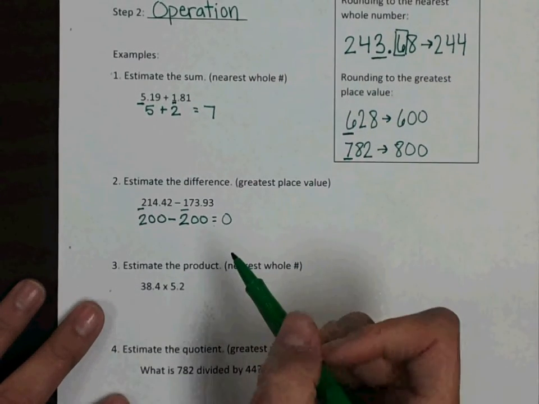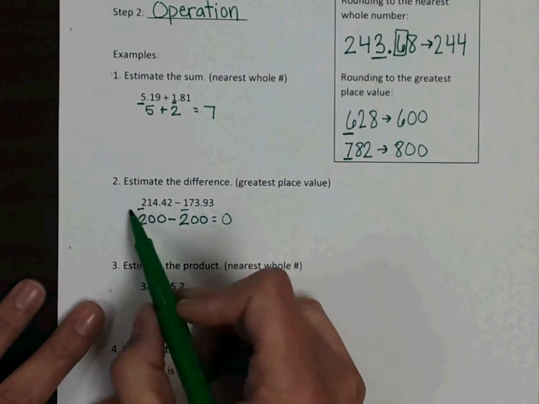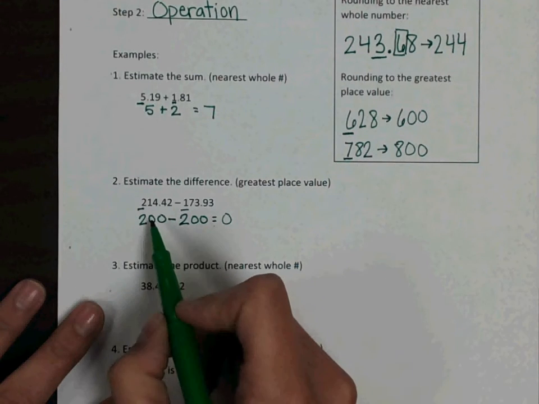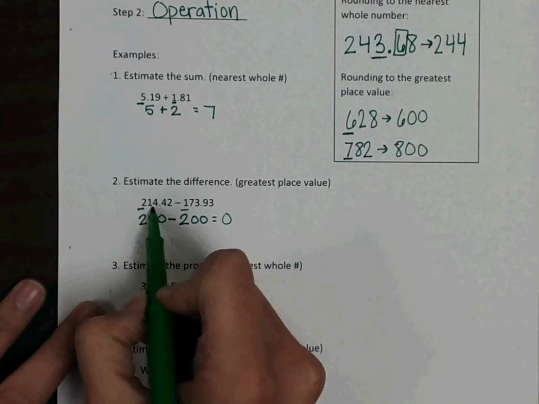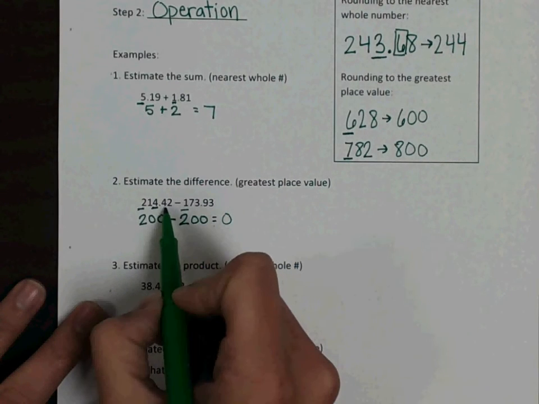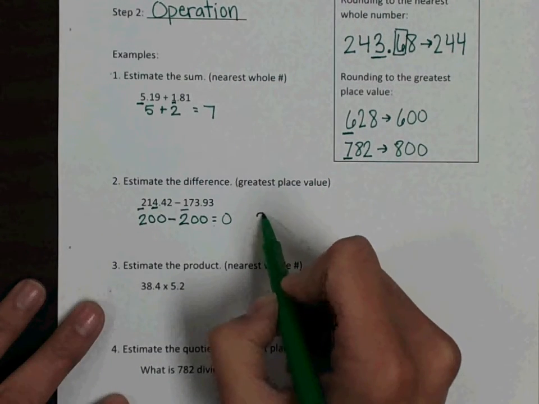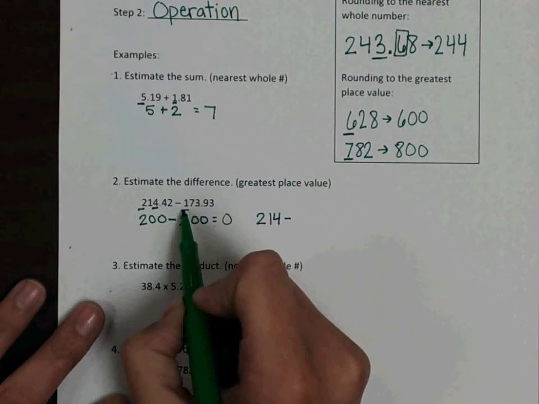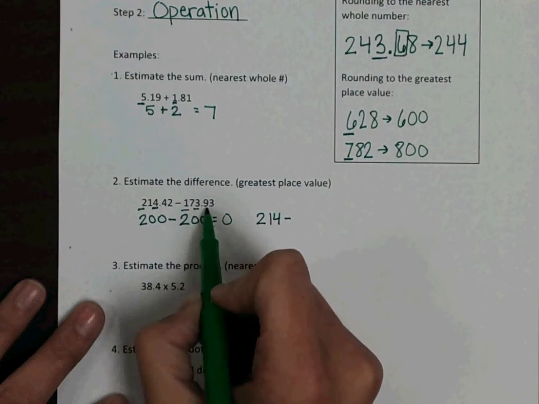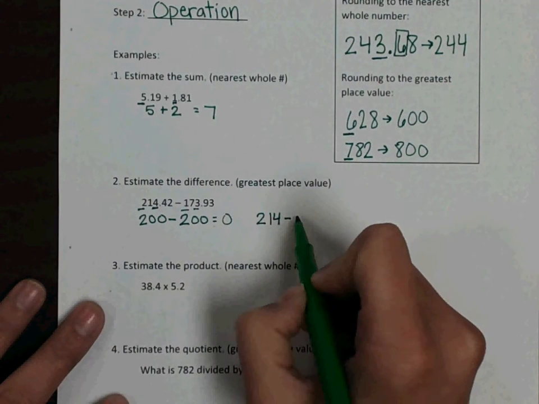In fact, while I'm here, I would even suggest trying rounding to a different place value. So let's round to the nearest whole number. Well, that way we would look to the right. 4 is less than 5, so we would have 214 minus, here we have 3, but it's a 9, so we're going to round it up to 4. We'd have 174.